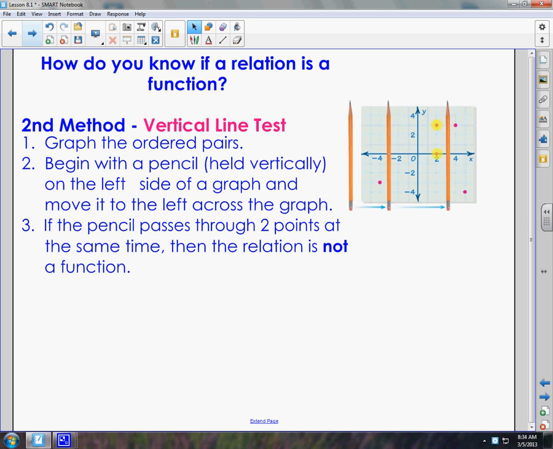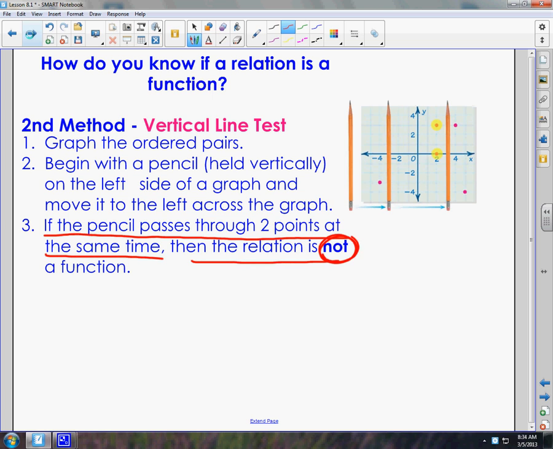And if the pencil passes through 2 points at the same time, then the relation is not a function. So if you look here, they kept moving the pencil, and right here, the pencil went through 2 points at the same time, so it is not a function.